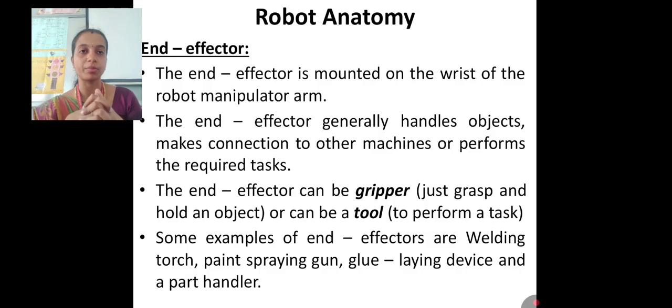The end effector can perform different kinds of tasks. It can be a gripper, just grasping and holding an object, or it may be a tool to perform a specific task. As I told you, it can handle objects, make connections with other machines, or perform a required task. The end effector can be divided into two categories: one is gripper and another one is tool.